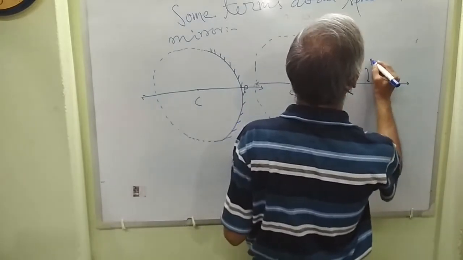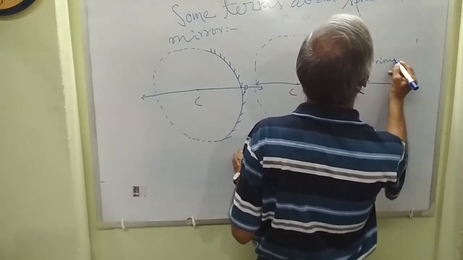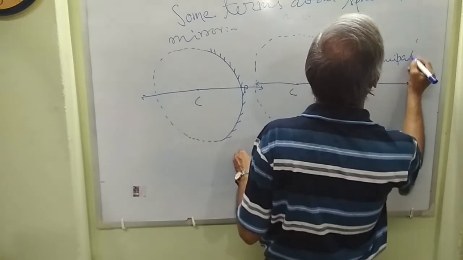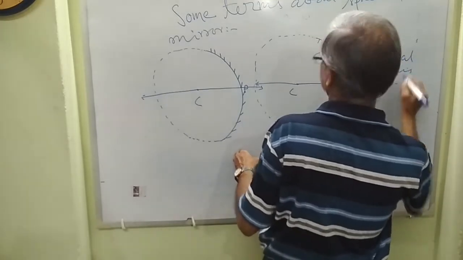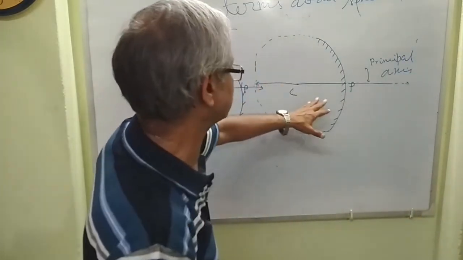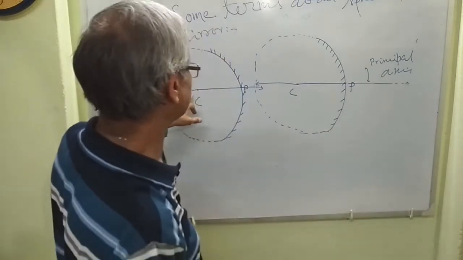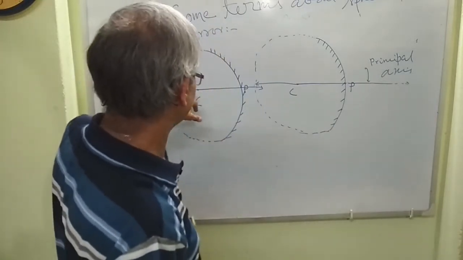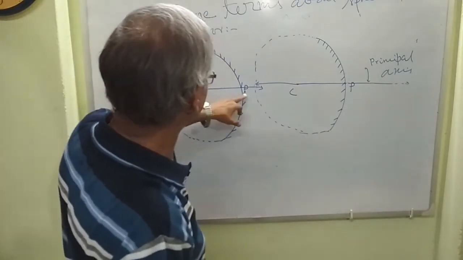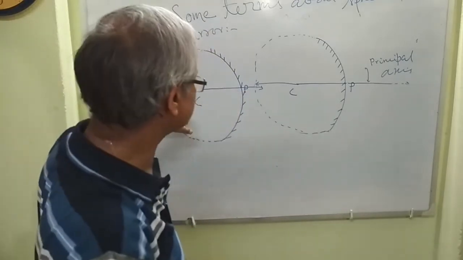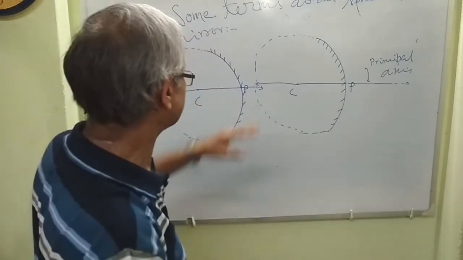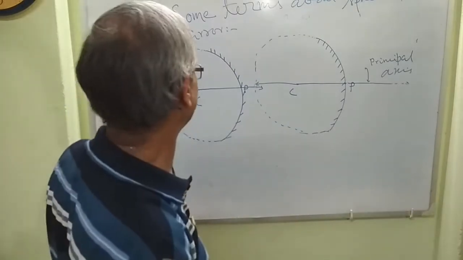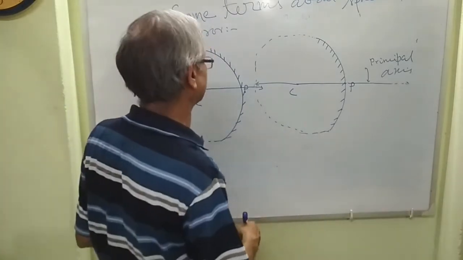What is the principal axis? This is the principal axis. If we join by a straight line the pole and the center of curvature, then this line, when extended on both sides, is called the principal axis.